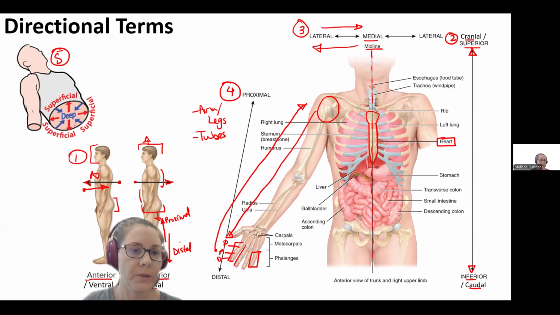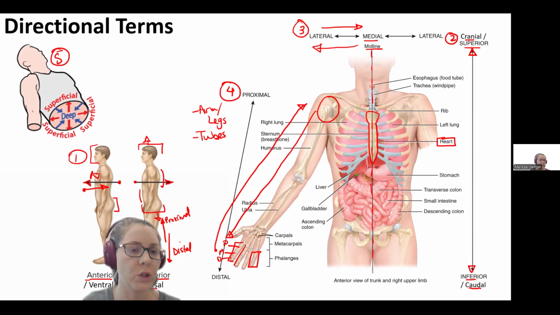So the next one is superficial and deep. And actually, superficial and deep has been the one that in the last couple of years eludes many students. It's a weird thing to explain because superficial and deep require a layering system, so it's mostly going to be used for a tissue layering system. Think about your skin as a tissue on the outside surface.